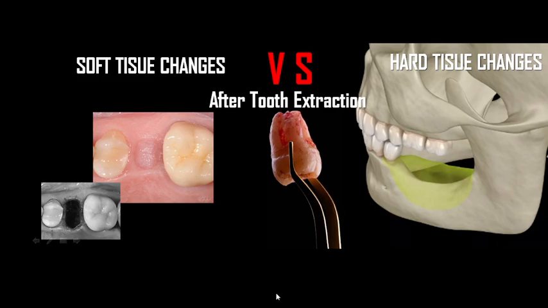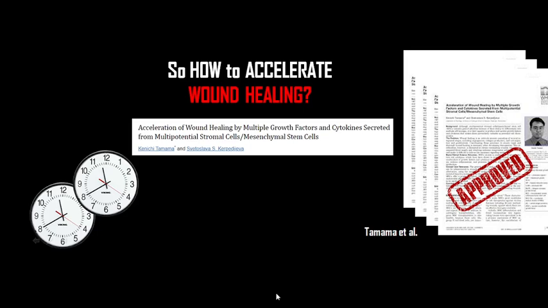With respect to the hard tissue changes, a lot of studies, especially Carlson, reported bone loss. Bone loss means more delay, which means we need to put bone graft, then wait to put our dental implant. So what is the solution?